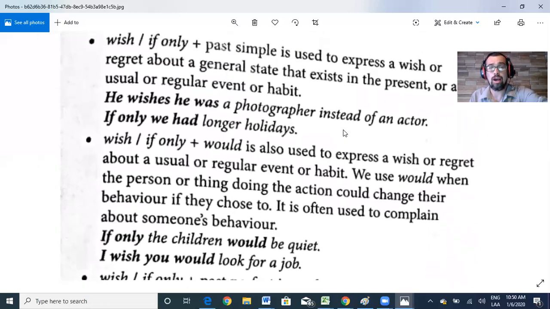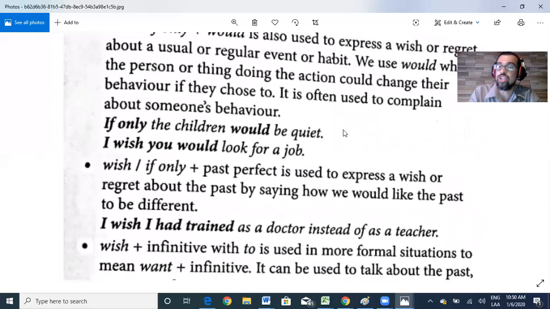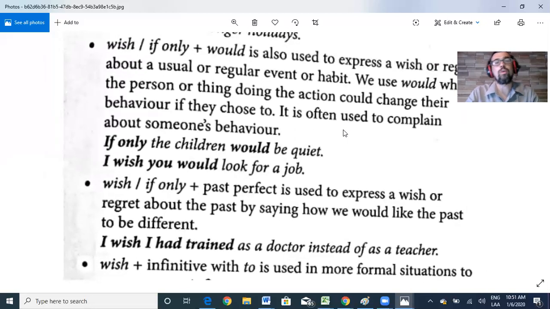It's not something impossible like the first one, when we use the past simple. When we use would, we can change it. Or for example, I wish you would look for a job. In this case, you're complaining about someone's behavior. So these are both ways of using if only or wish plus would. We use would when the person or thing doing the action could change their behavior.